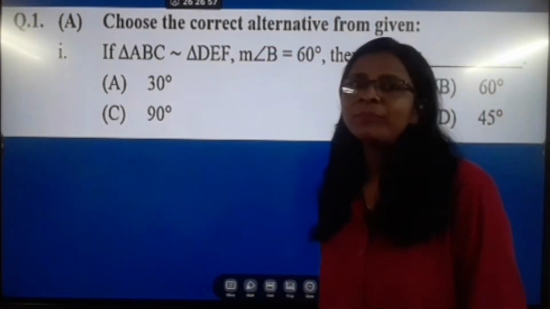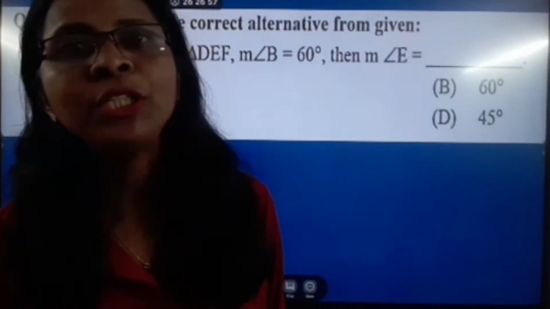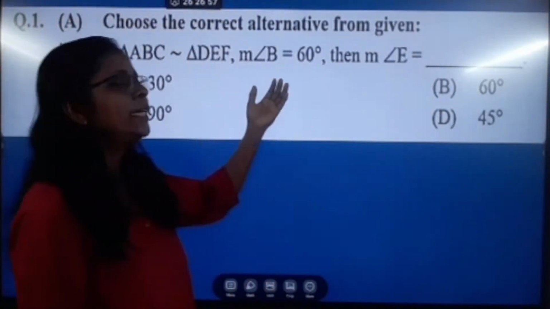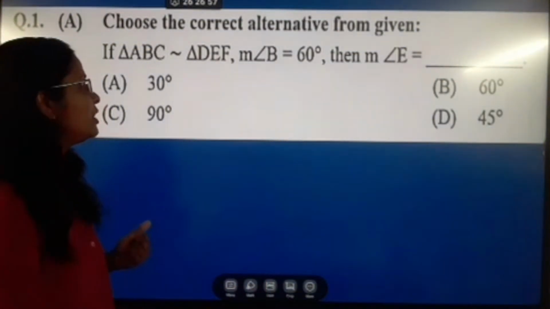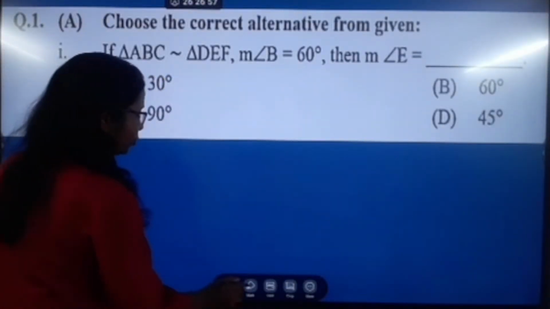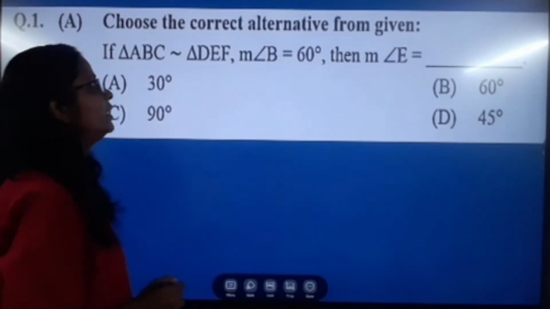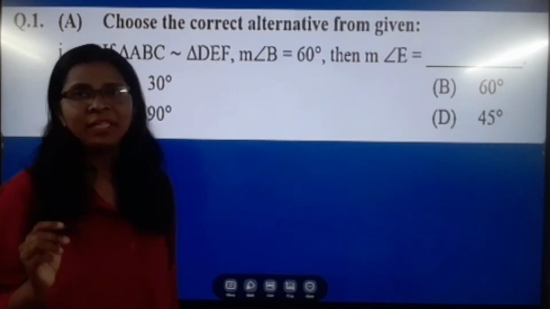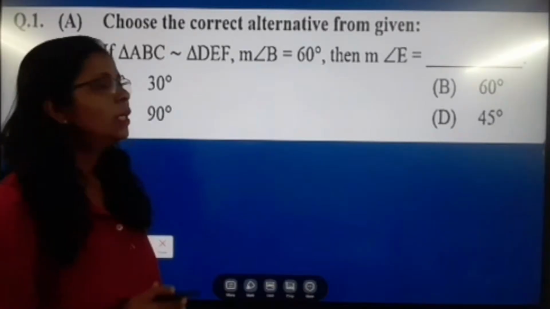Question first A, choose the correct alternative from given. The question: if triangle ABC is similar to triangle DEF, measure of angle B is equal to 60 degrees, then measure of angle E is equal to how much?